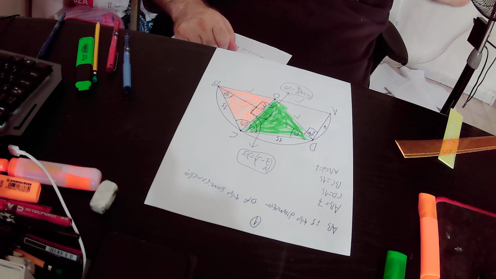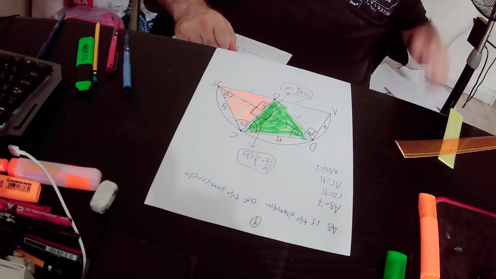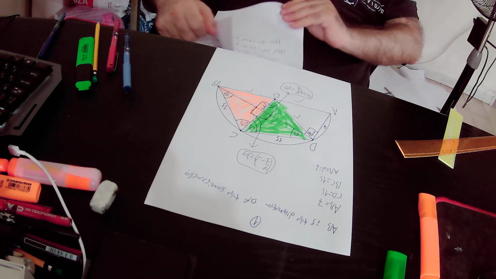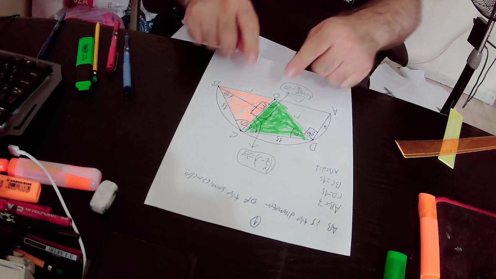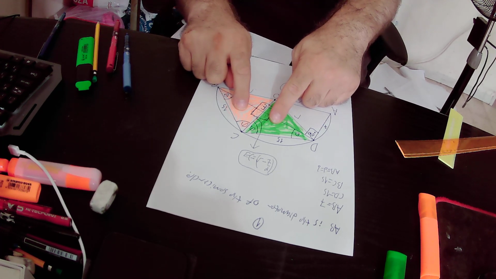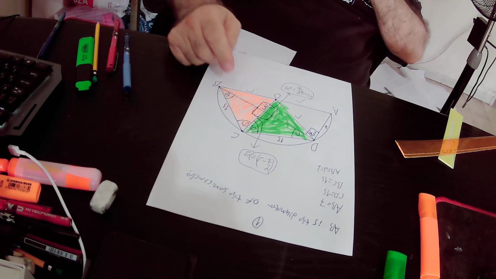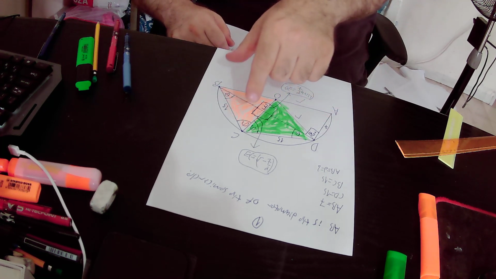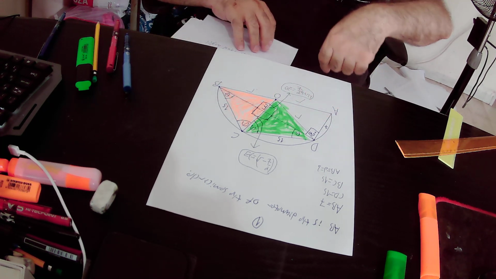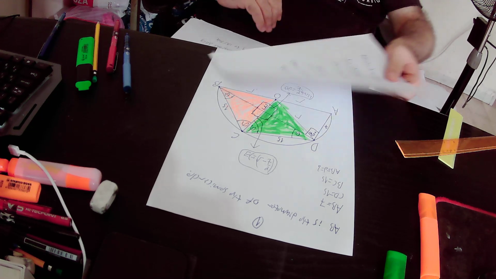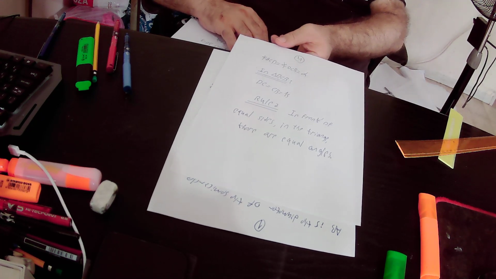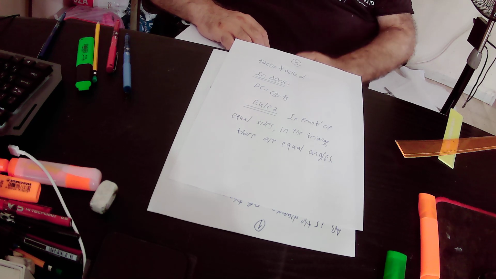Then we focused on triangle DCB. In this triangle DCB, side DC equals side CB. Both sides are equal to 15 units.